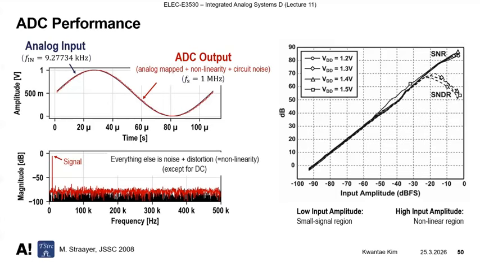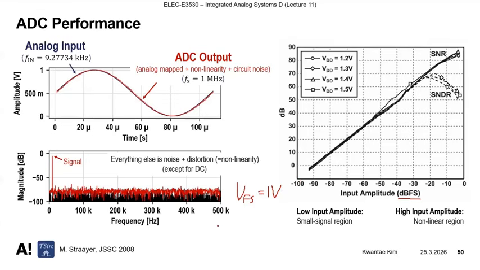And here, dBFS means how much deviation there is relative to full-scale voltage. So for example, as we defined in the previous example, let's say our full-scale voltage is 1 volt.